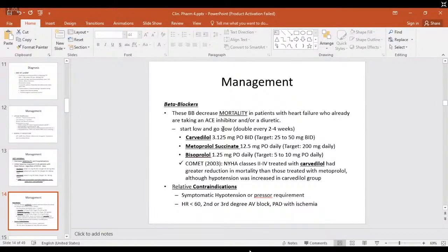So carvedilol, as you remember, is a non-selective beta blocker, but it's a special type of non-selective beta blocker, similar to labetalol. It blocks beta 1, beta 2, and also alpha 1 receptors.